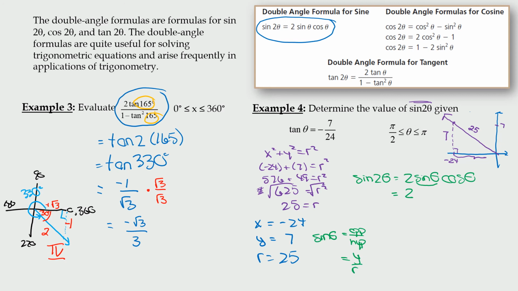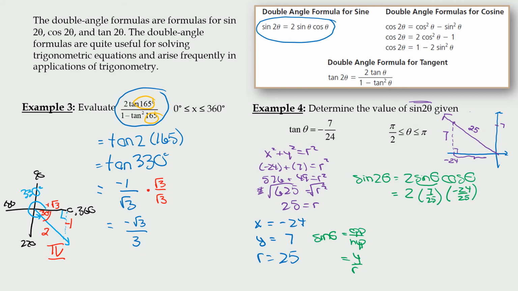So in for sine, I'm going to put 7 over 25. Cos is adjacent over hypotenuse, or x over r. So cos is negative 24 over 25.